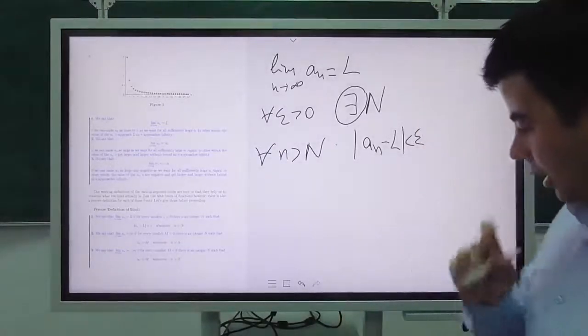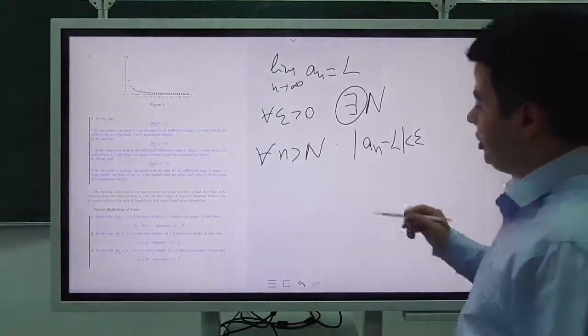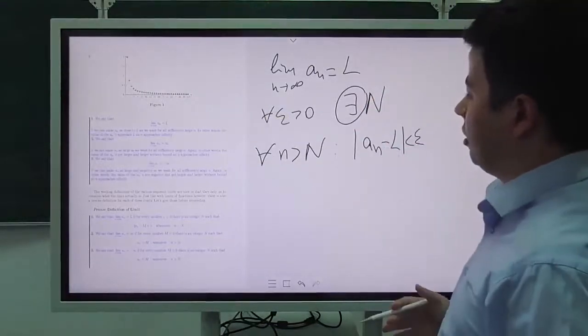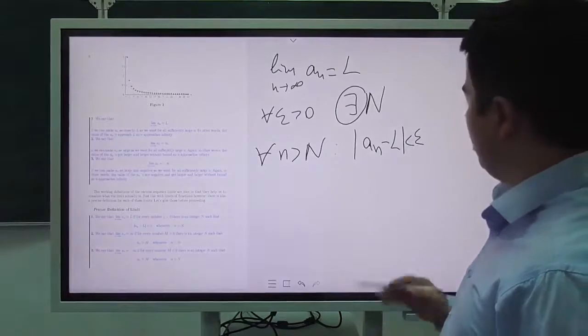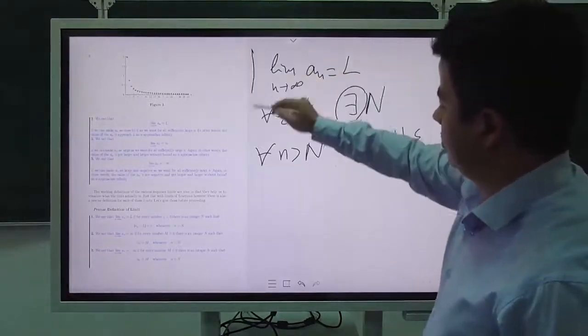This is the general definition of a limit of a sequence.